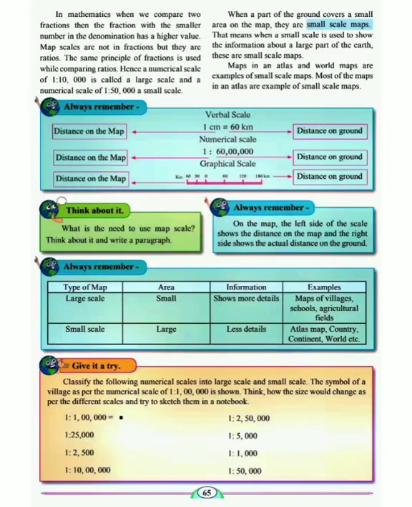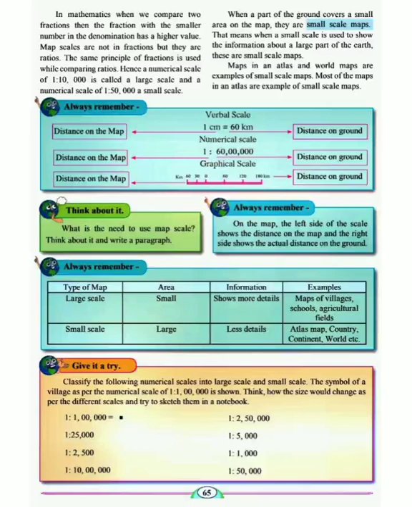Now, always remember, students, what the different types of maps are, what area each includes, what information it shows you, and what the examples of such maps are. So there are types of maps such as large scale and small scale, then the area they include, one of them includes small areas, one of them includes large areas.